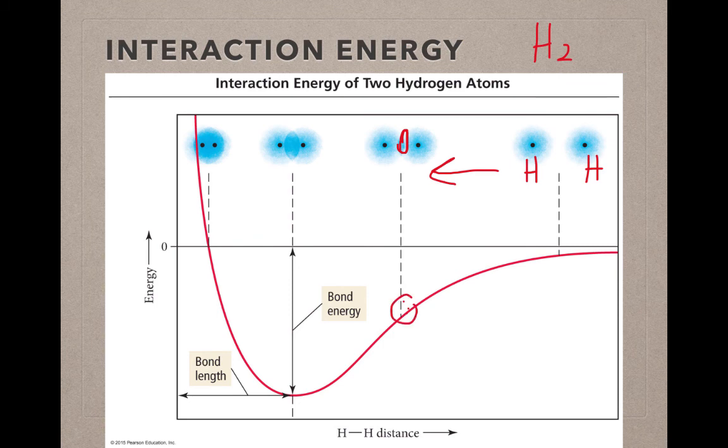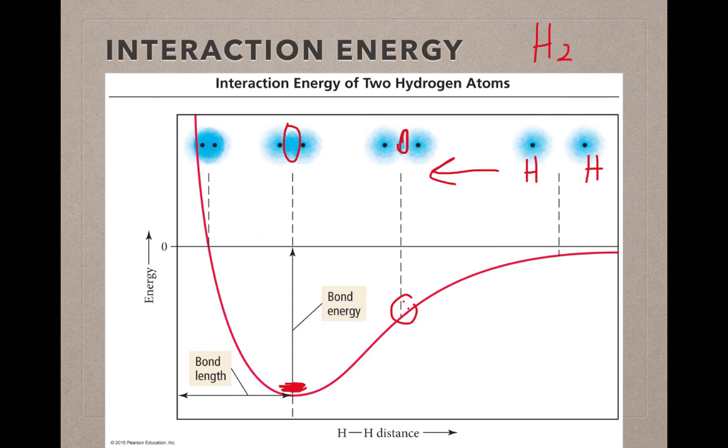And remember, as energy drops, the stability is increased. So now as the atoms get closer and closer together, they reach some minimum energy here due to that overlap and sharing of those electrons between their orbitals. And so as it turns out, the distance where we have that lowest energy is the bond length.